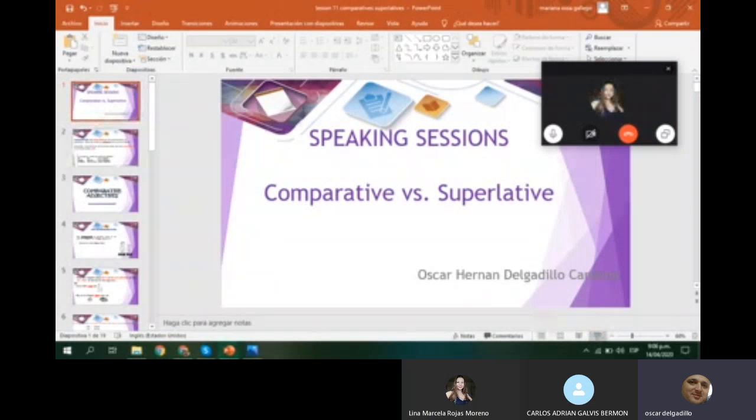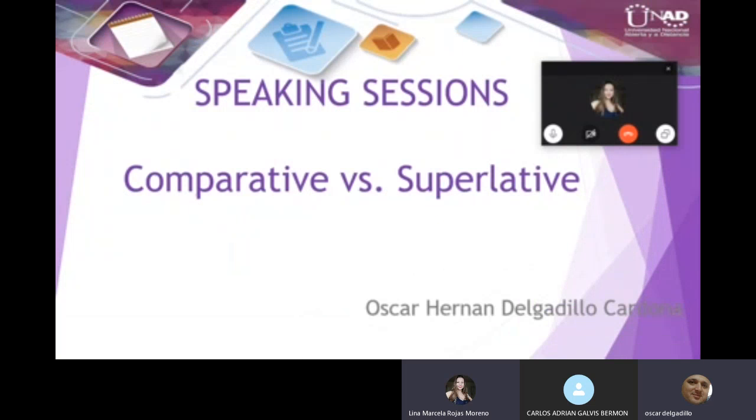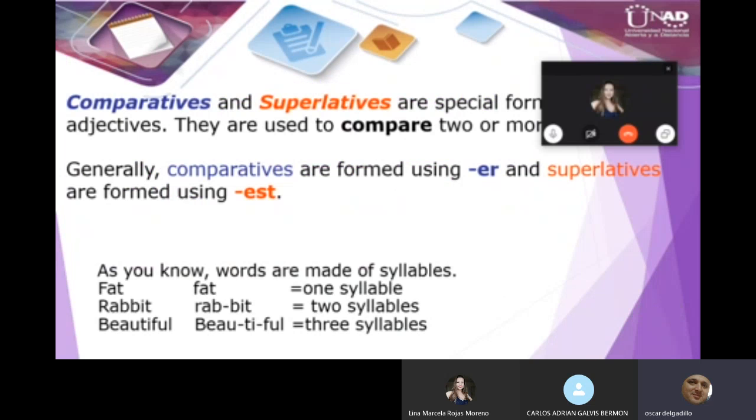Okay, today's topic is superlative and comparative adjectives. We use superlative and comparative adjectives to compare two or more things, people, animals. We use comparative and superlative adjectives every day because we compare things every day.